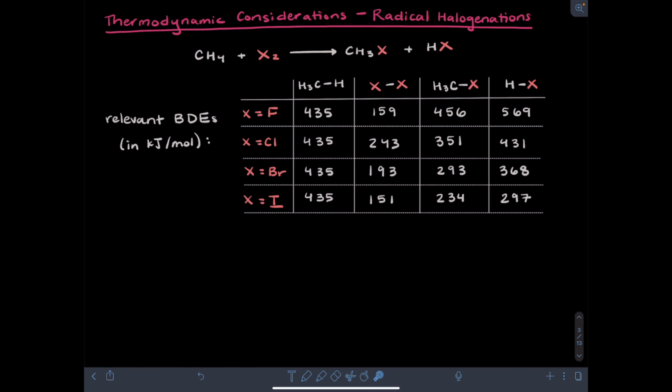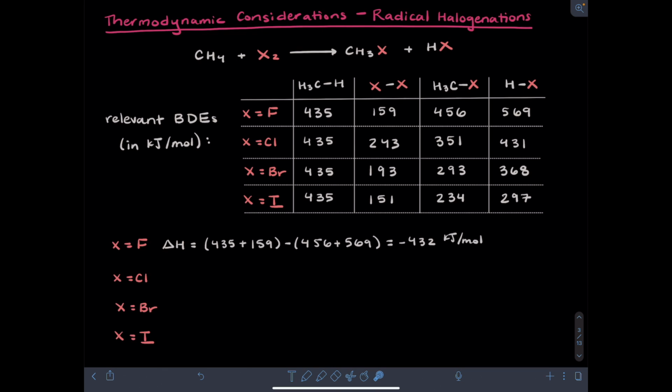The strength of the carbon-halogen bond that's formed is different depending on the halogen X as well, and the strength of the HX bond also depends on which halogen you have. So to make thermodynamic considerations, let's calculate delta H of reaction for each of these different halogens.